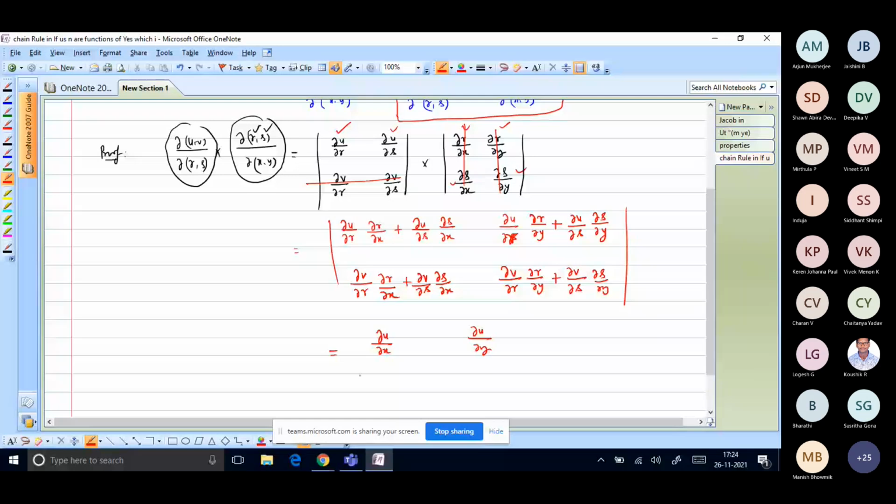Then the bottom, del v by del x, and the last one del v by del y. So if you look, this is nothing but the Jacobian of u, v with respect to x, y, which is the left hand side. So this theorem is also proved.